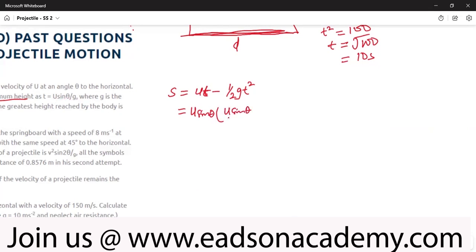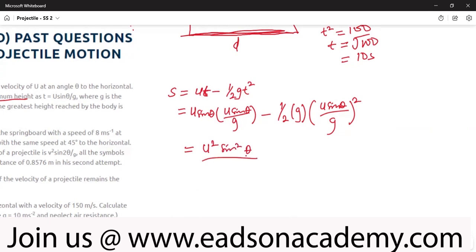U sine theta over g, then minus half times g times t squared, where t is u sine theta over g, squared. U times u is u squared, sine theta times sine theta is sine squared theta, over g.